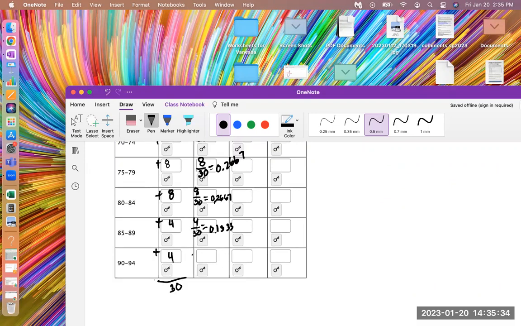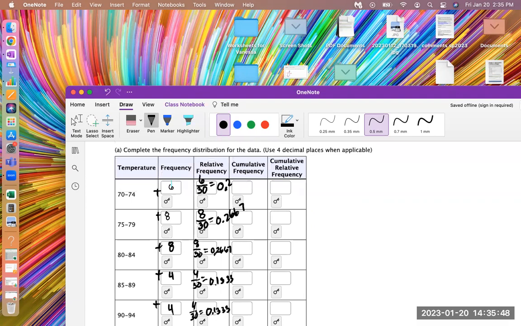And then this one's the same thing. So take the frequency of that row and divide it by the total sum of the frequencies, the total observations, and that's how I got the relative frequency.